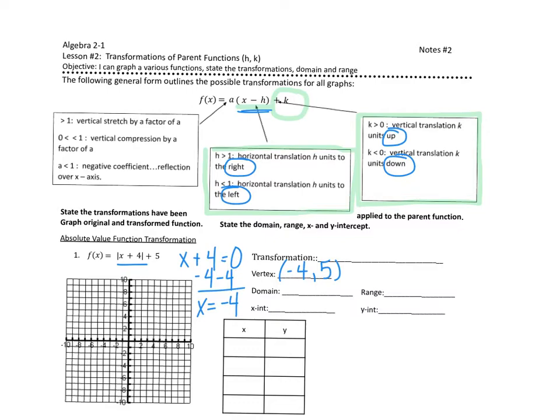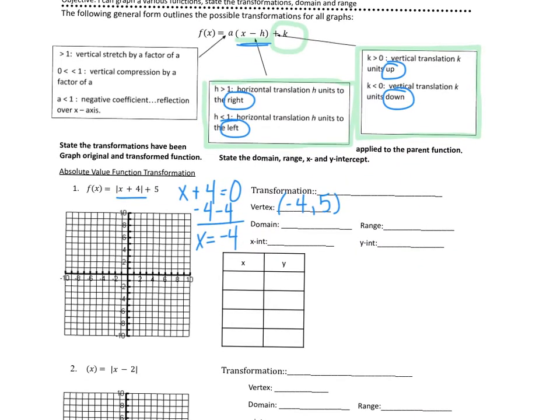So what I'm going to do to start is graph the parent function, and that's on your notes paper. Okay, so the parent function of an absolute value looks like this. Now I'm going to graph the new vertex of negative 4, 5, and I want to talk about how it transformed from the green vertex to the blue vertex.